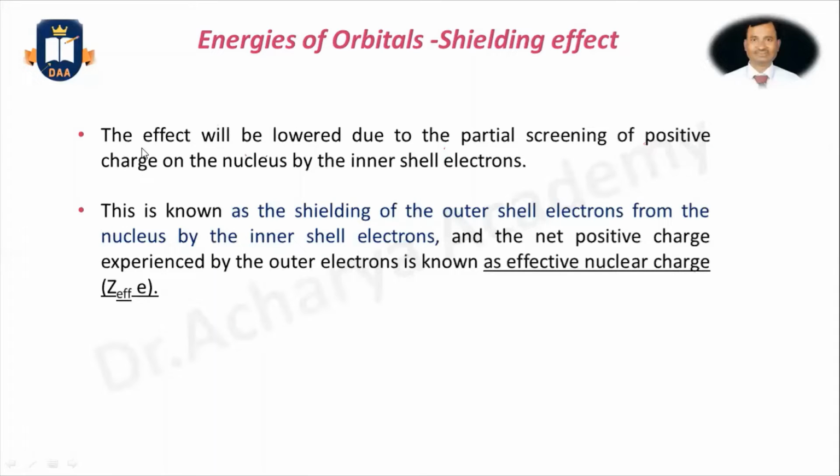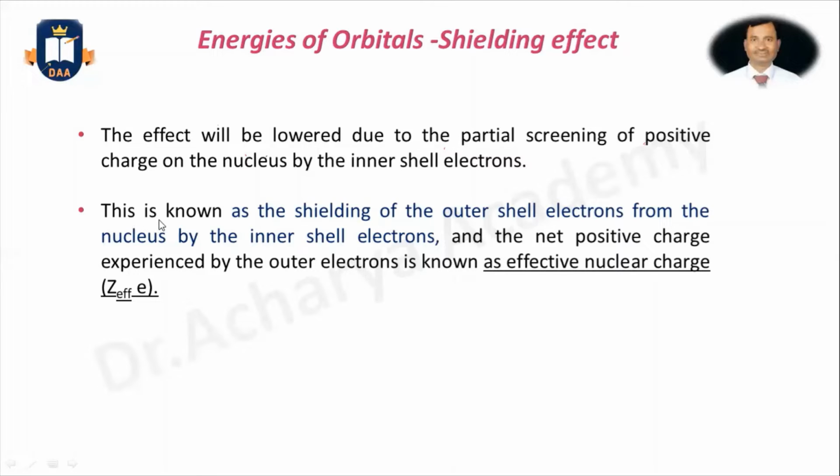That means the attraction between the nucleus and outer shell electrons is lowered due to the partial spreading of the positive charge on the nucleus by the inner shell electrons. The full charge of the nucleus, Ze, will not be felt by the outer shell electrons for attraction.